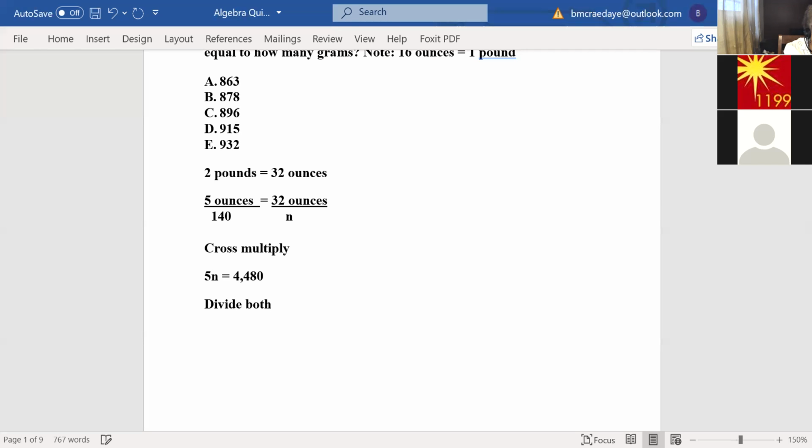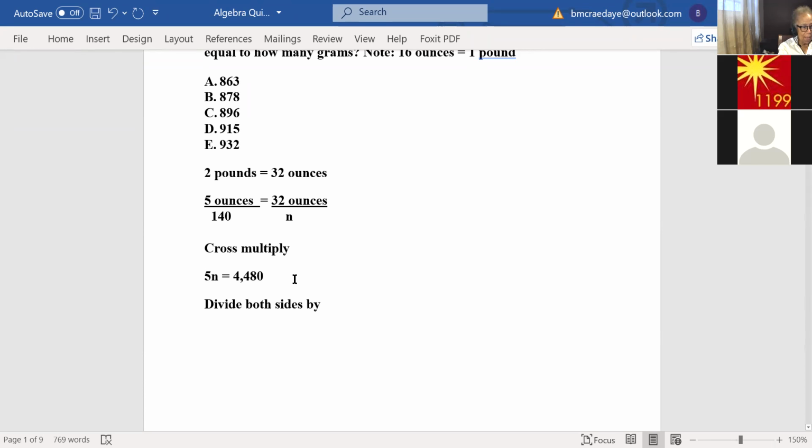What do we divide both sides by? We're solving for N. No, N is what you're looking for. You want something that says N equals. How do you get just N on this side?